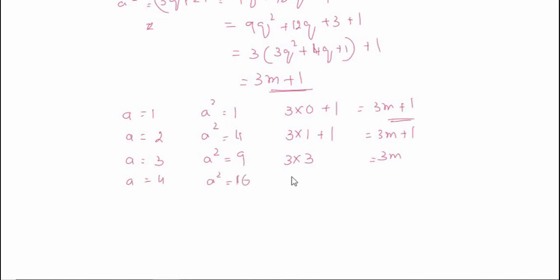Now you can split this as 3 into 5 plus 1. Now m equal to 5 here, so it is 3m plus 1. Like this, if you continue, the squares of these numbers can be represented as either 3m plus 1 or 3m.